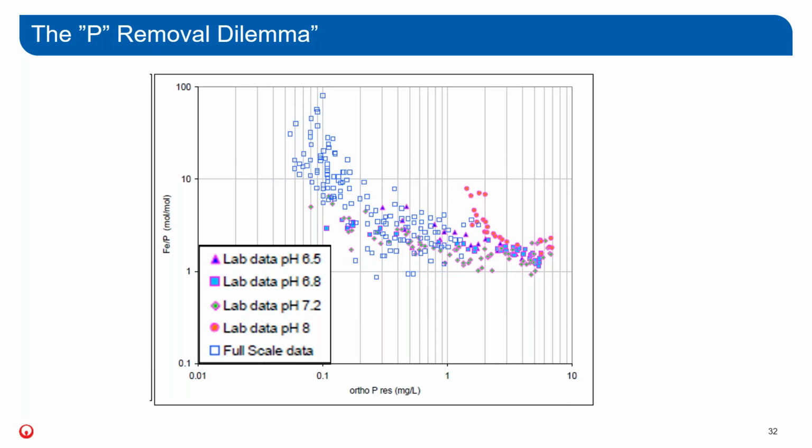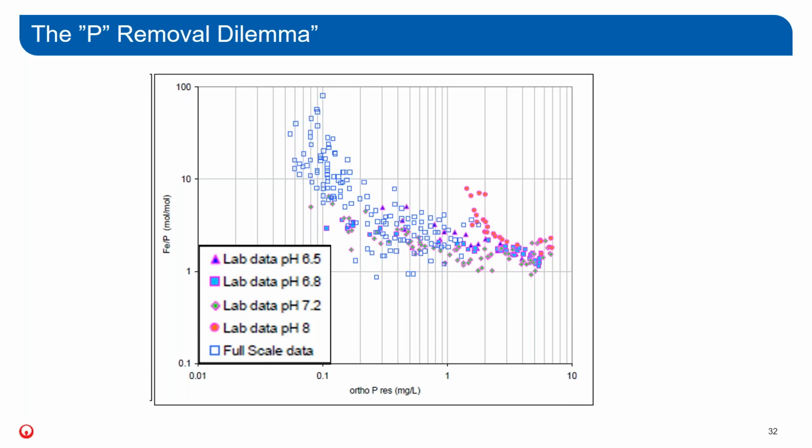So let's say you have 30 milligrams per liter of phosphorus in your influent, and your discharge in 2023, your permit is going to be 0.05. If you try to remove it all chemically, you will be hit with a dilemma: if you need to go to less than 1 milligram per liter, your consumption rate, the closer you get to 0.1, increases on a logarithmic scale.